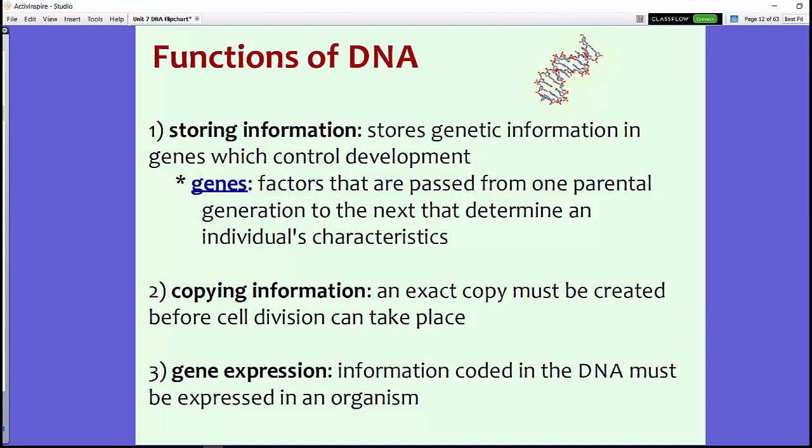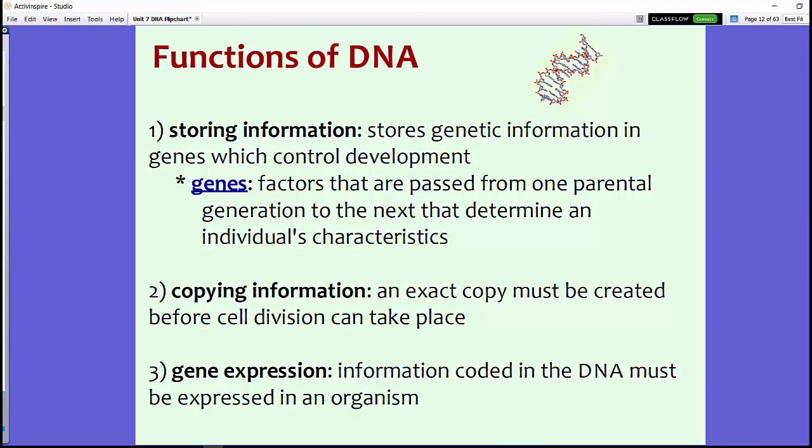So what's the function of DNA? There are 3 big functions that DNA has. The first one is something that we already know: storing information. DNA stores genetic information in genes that control development of an organism.